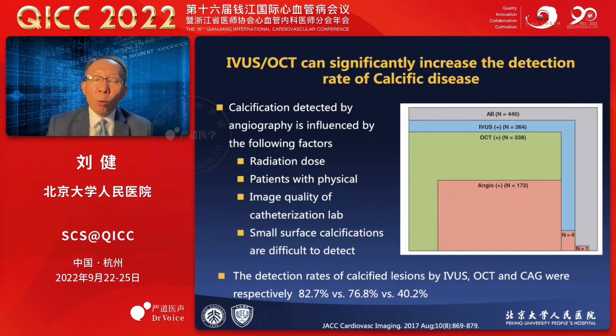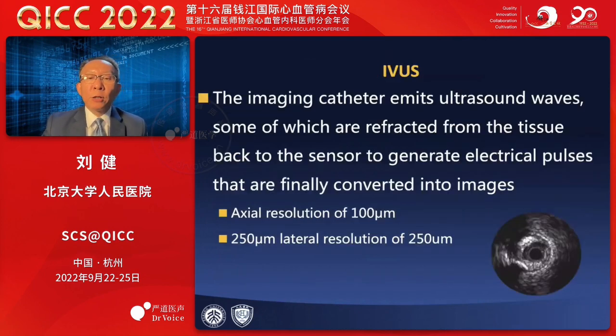And then we found that this is a comparison between IVUS and OCT's detection rate of the calcified lesion. And then you found that for the IVUS, OCT, and angio, that is 82.7%, 76%, and 42%.